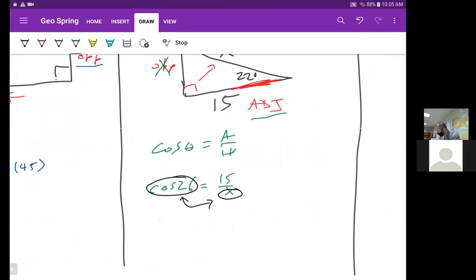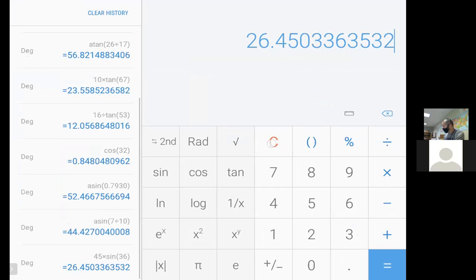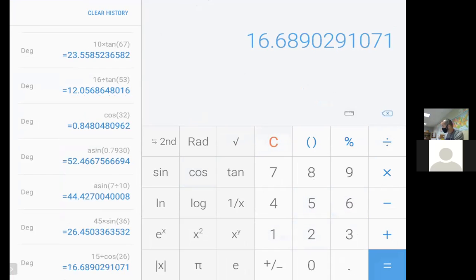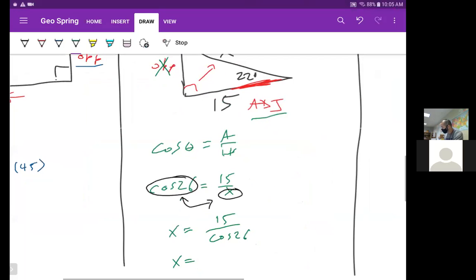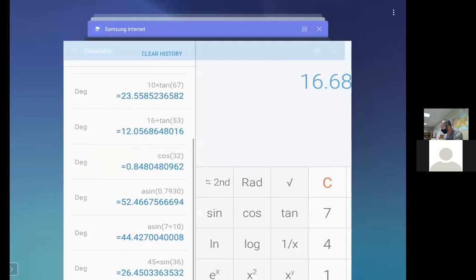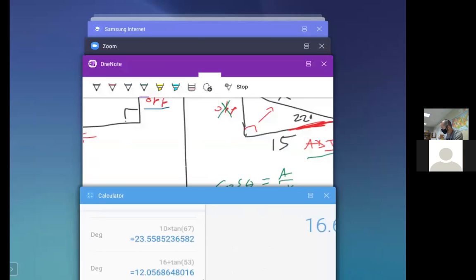But if you just want to use the shortcut, just use the shortcut. 15 over cosine 26. So x equals 15 divided by cosine 26. 16.6, so let's call it 16.69. Nice.